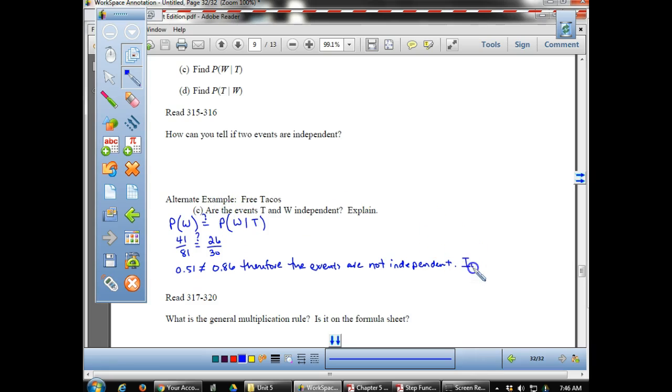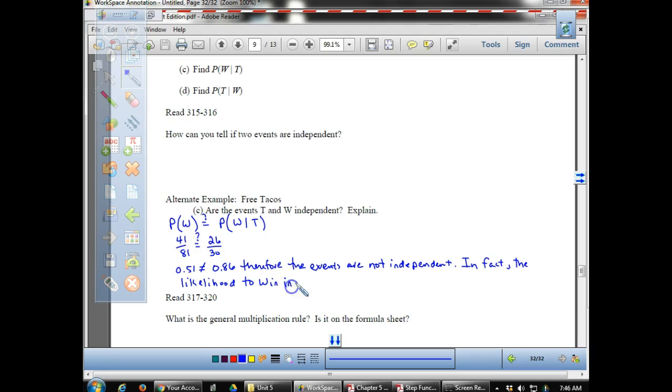So in fact, the likelihood to win increases when free tacos have been given out.